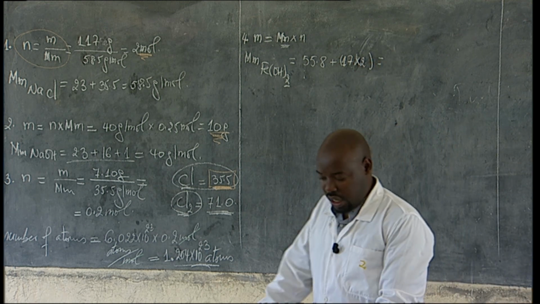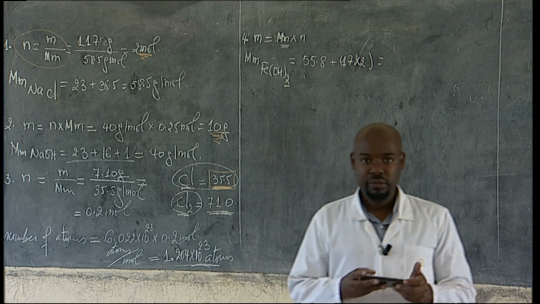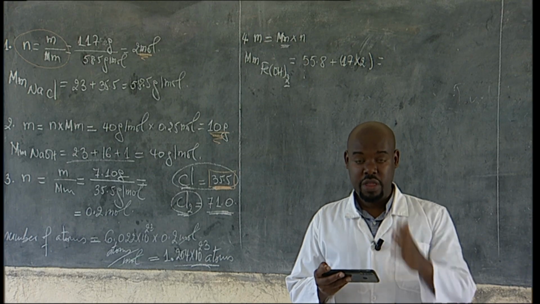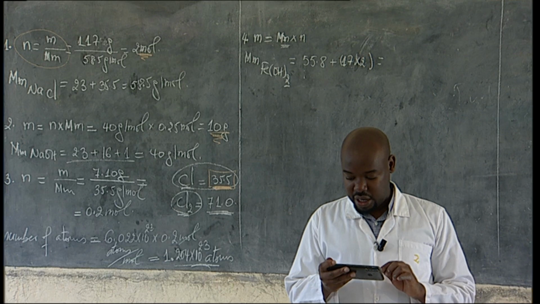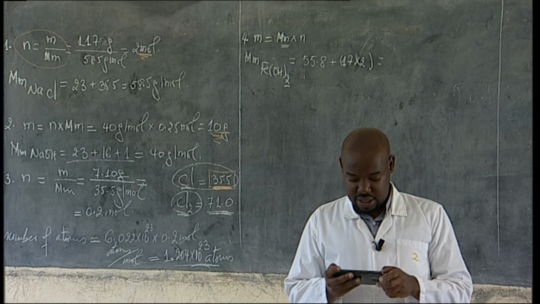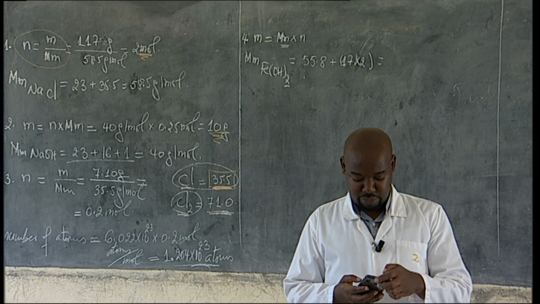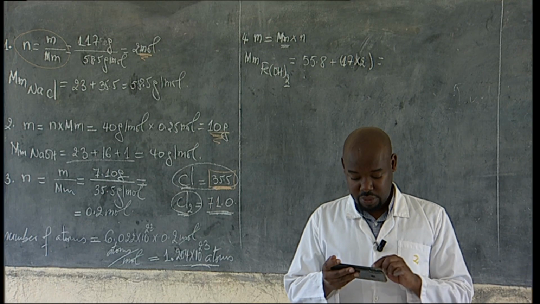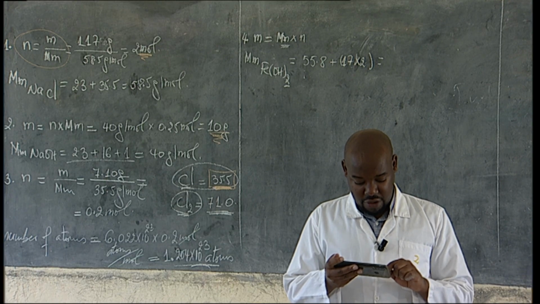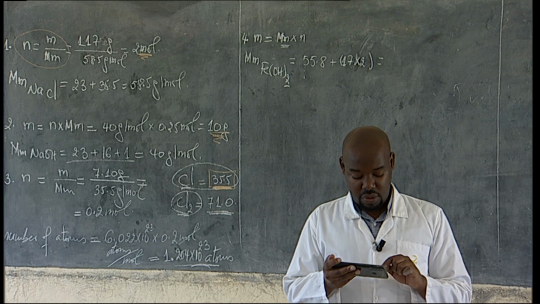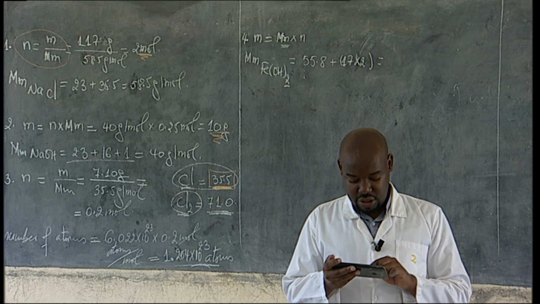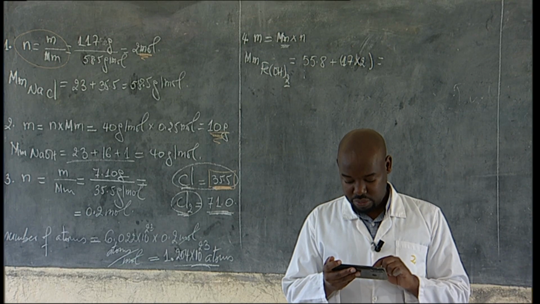We use our calculator again. Okay? Let me hope you're with me. So if we use the calc, what we get is this. We have 55.8 plus 17 times 2.